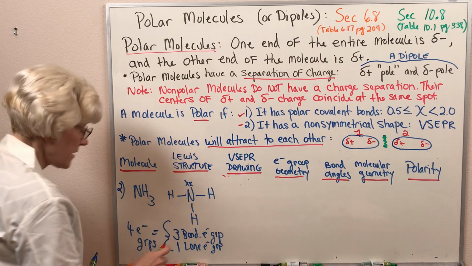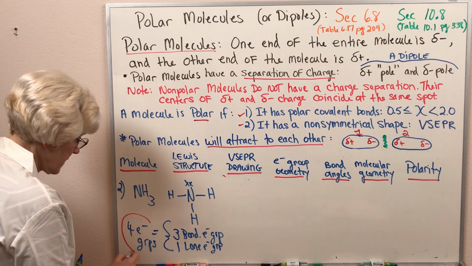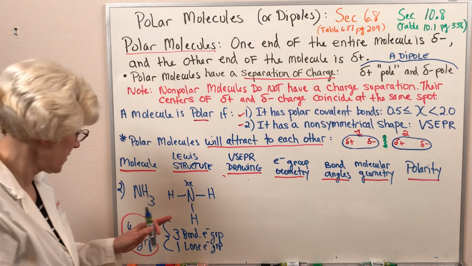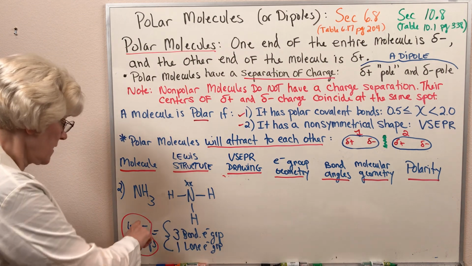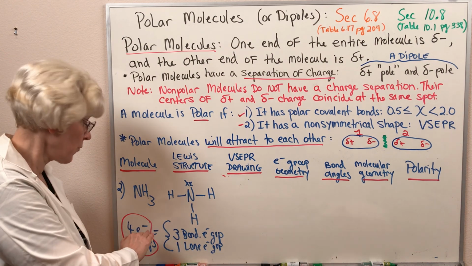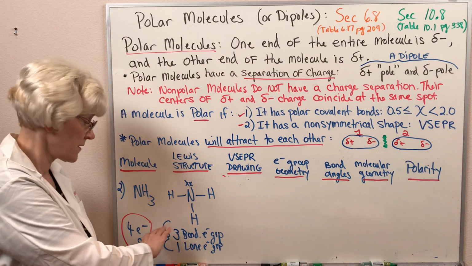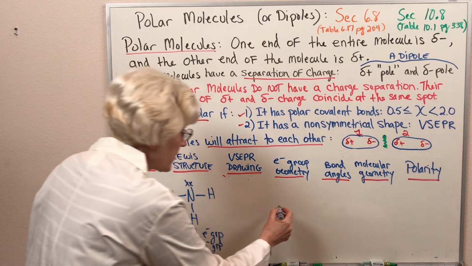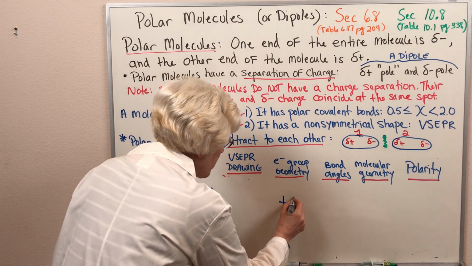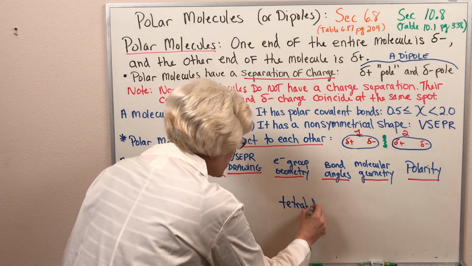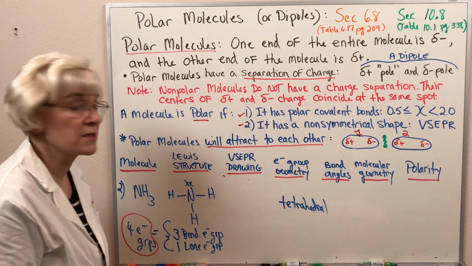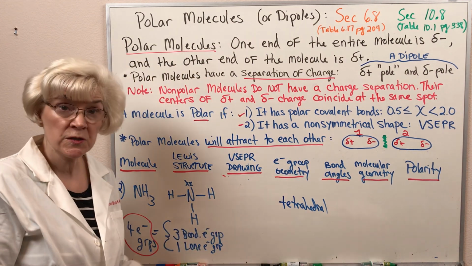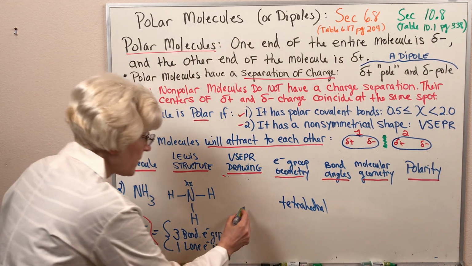But the electron shape is determined just by the total number of electron groups. So whenever you have 4 electron groups, regardless of whether they're bonding groups or lone groups, those electrons will repel each other and push as far away as possible. So they are going to assume a tetrahedral shape.